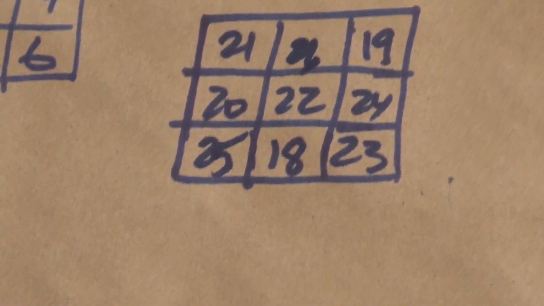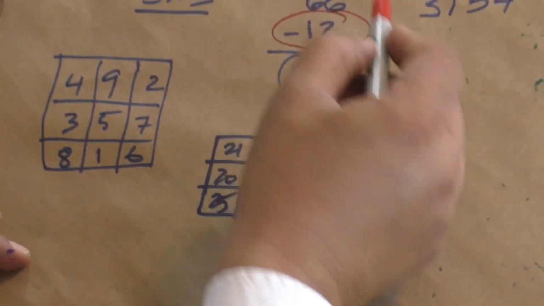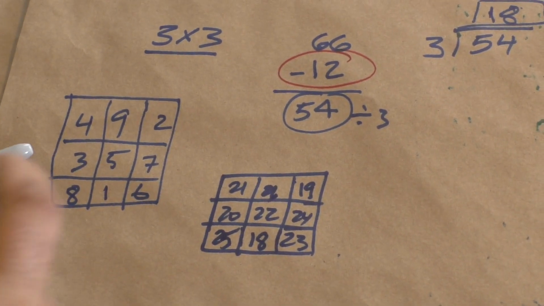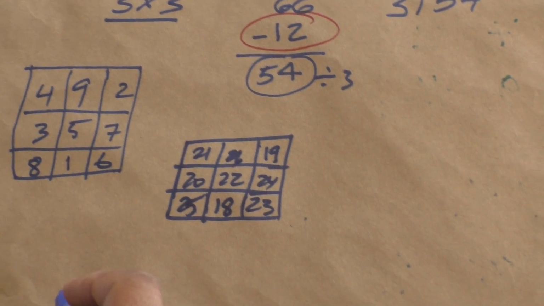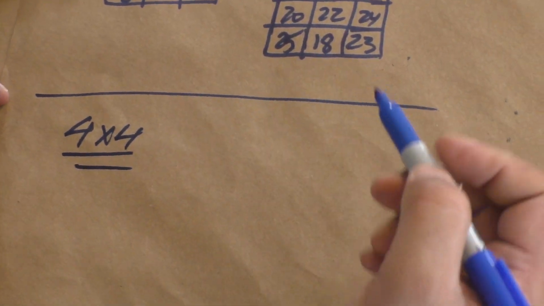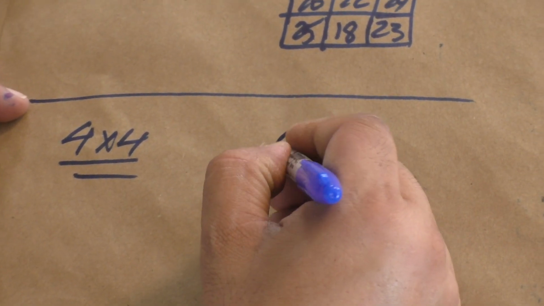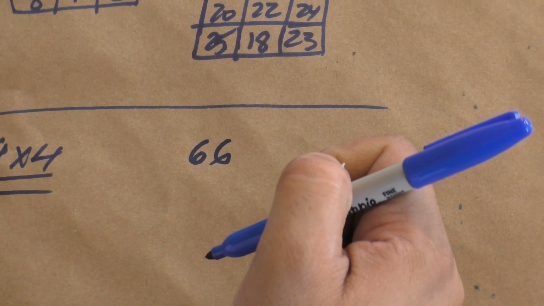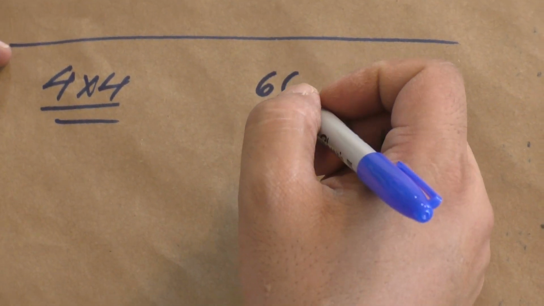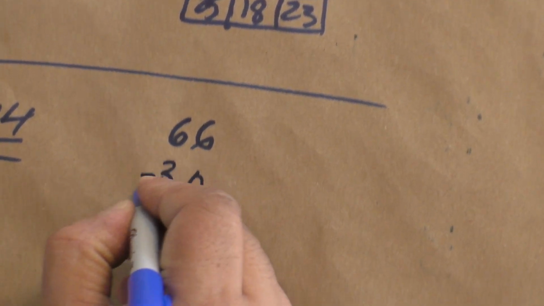Now the question this person asked was, okay, in the 3x3 you subtracted 12. In the case of the 4x4, you don't do that. In the case of the 4x4, let's just say that for the divine name Allah, we have 66. Well, 66 here has to be reduced by a different number, 30.